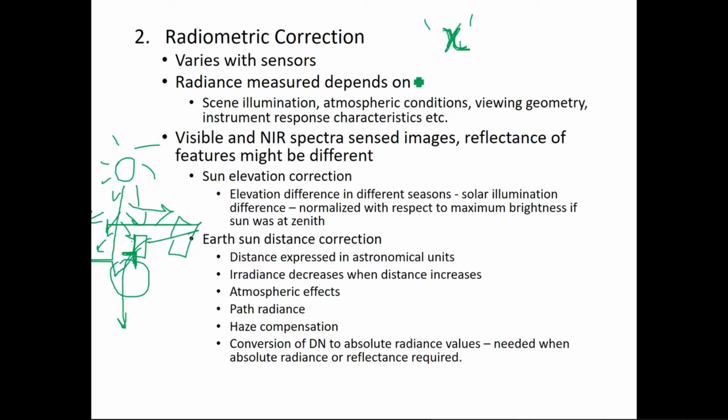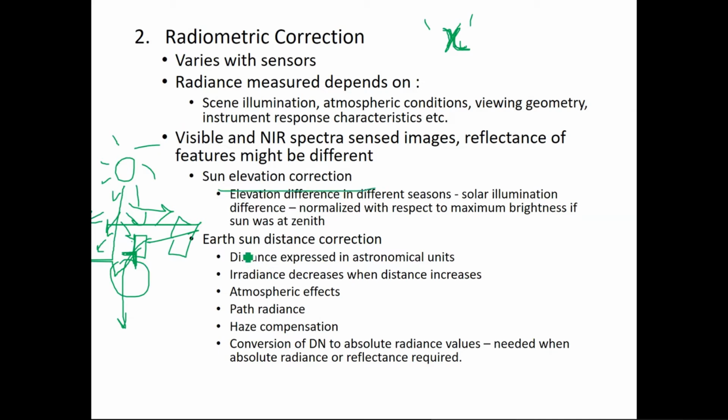It will be lower, right? So depending upon these various factors, the radiance that the sensor senses will vary. So this has to be corrected before you start analyzing the image, because your data interpretation may vary depending on this radiance. So these have to be corrected.